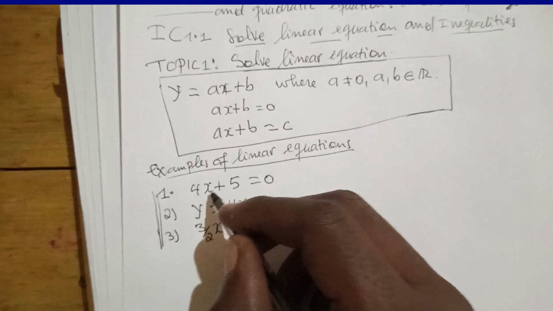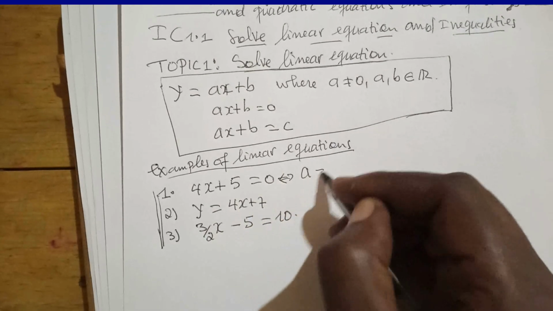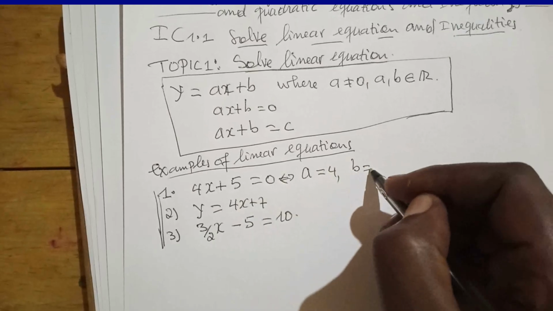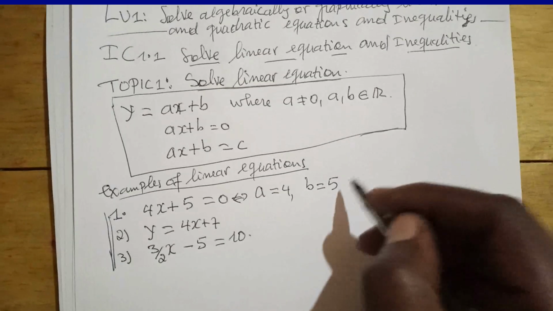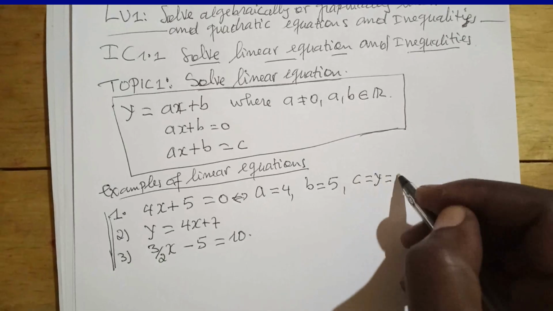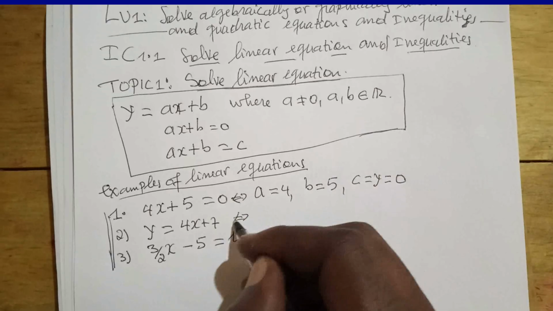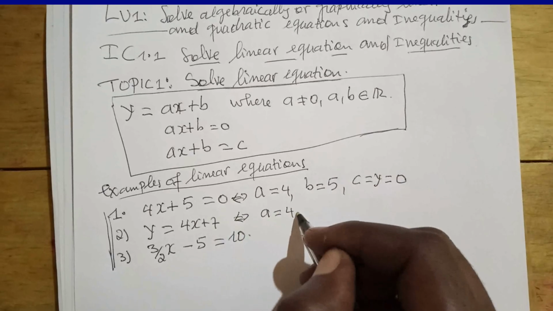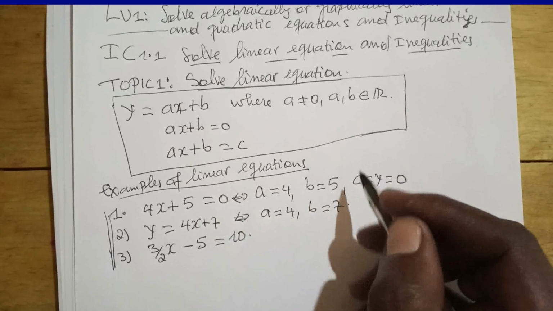In this first example, a is equal to 4, b is equal to 5, then c, which is equal to y, is equal to 0. Here we have a equal to 4 also, b is equal to 7.